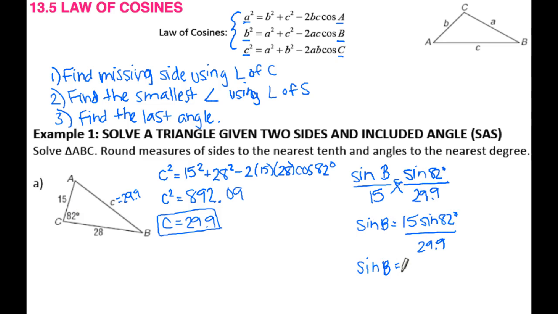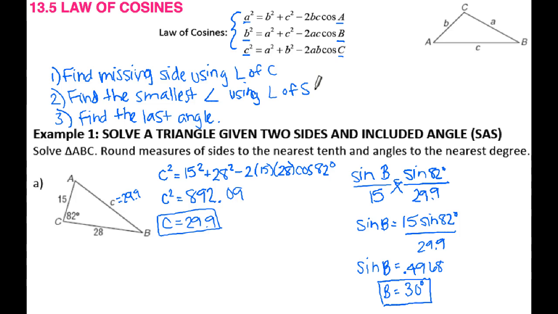That gives me sine of B equals 0.4968, and then I'm going to take the inverse sine, and I get about 30 degrees for angle B. Now the reason why we have to jump to the smallest angle is because we are using the law of sines. If you want to solve for the angle measurements using the law of cosines, it does not matter the order that you go in.